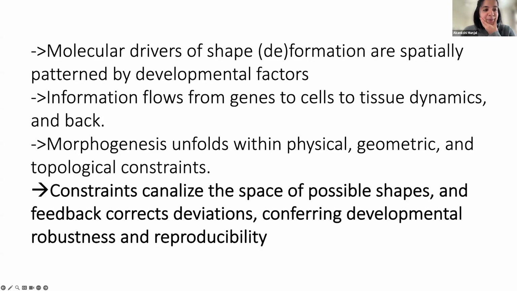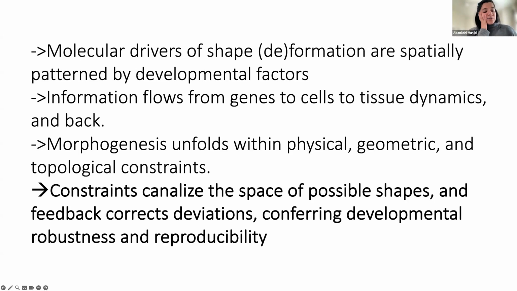So I just want to transition to this idea that I'm not sure if I can call a principle, but this is something that we as a community ask a lot: what makes development robust and reproducible. We know that development is robust to both intrinsic noise and extrinsic insults, environmental perturbations, variations, and so on.